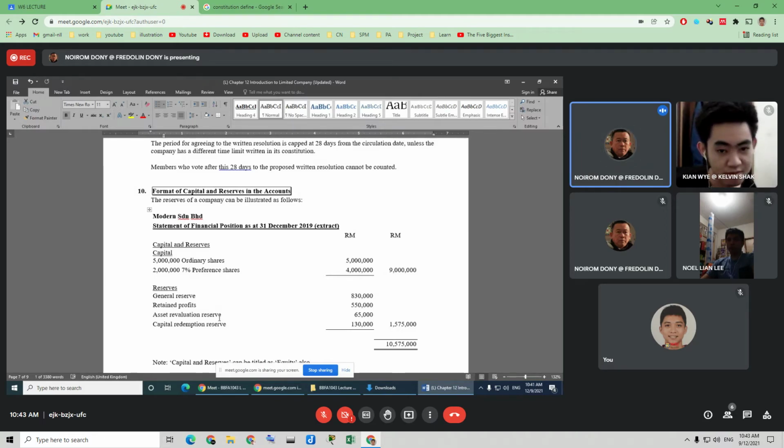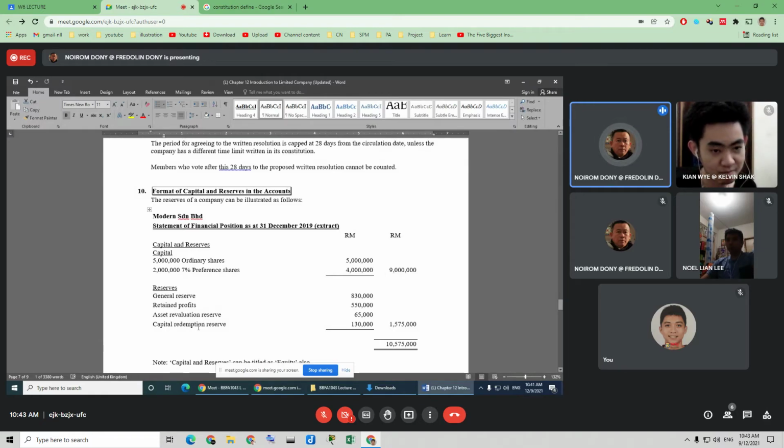So the increase in the value of land is a debit item, so you debit the asset land. If there is a debit, there must be a credit. The credit will be in the reserve, so we call it asset revaluation reserve.